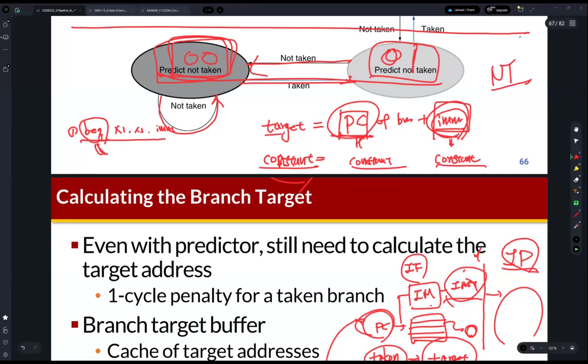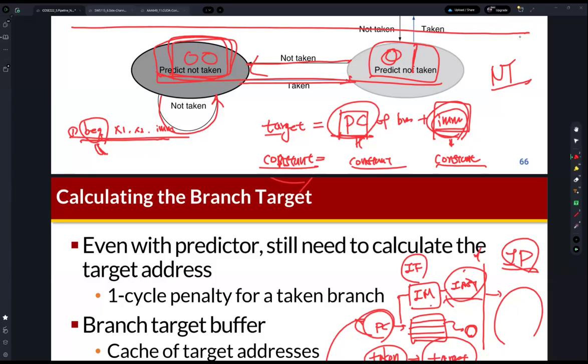This branch instruction will be repeatedly executed, so by monitoring the previous result of this BEQ, we can predict the result. So branch prediction just assumes that these branch instructions will be repeatedly executed.